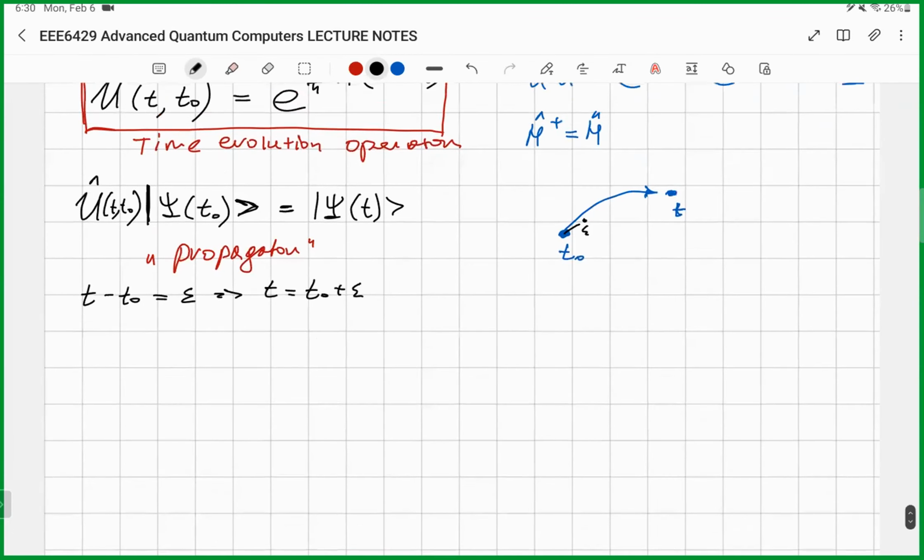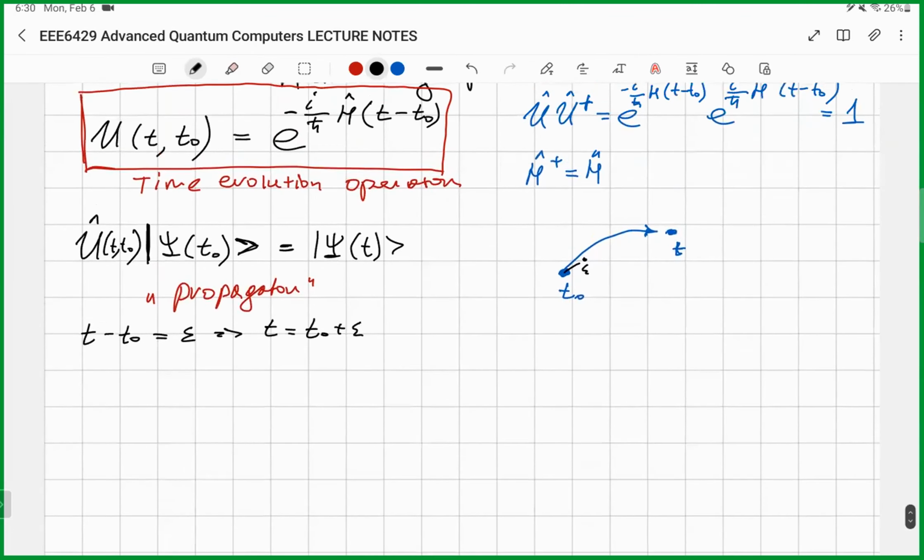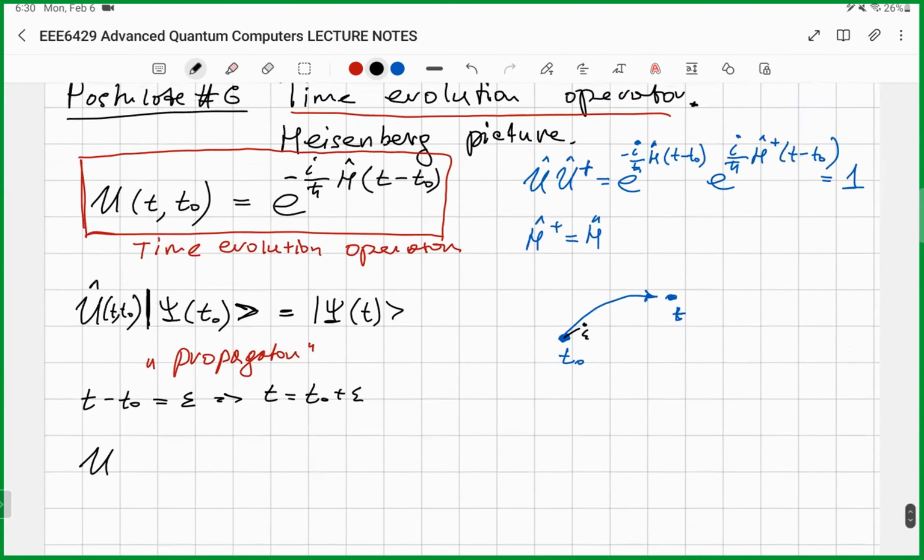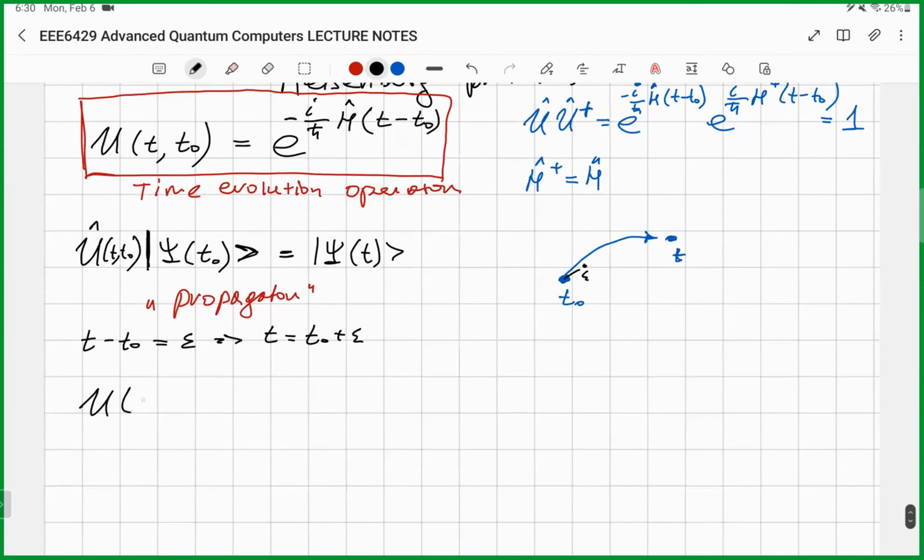And in this case, I can simplify my unitary evolution operator. It will be U(t sub 0 plus epsilon, t sub 0), right? It will be e to the power of minus i over h bar, Hamiltonian, and epsilon here. Epsilon is very small.